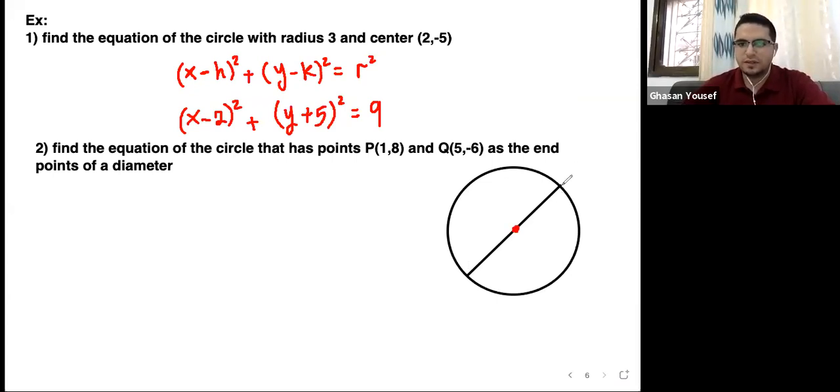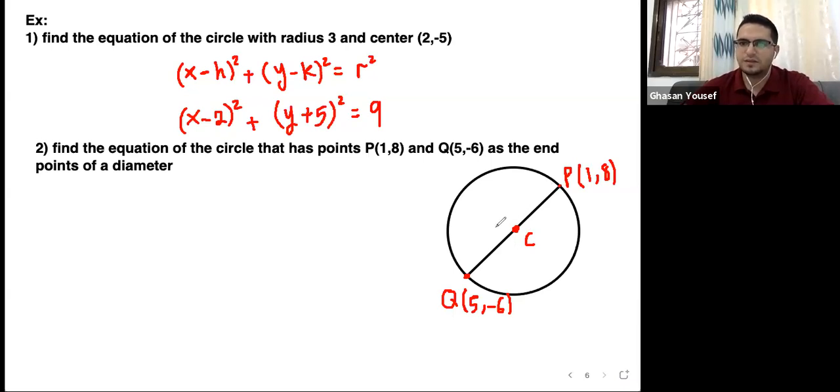This line passes through this point, P(1, 8), and this point here, Q(5, -6). The question is to find the equation of the circle. So actually, to find the equation of the circle, I need two things. I need the center ordered pair, and I need the radius.